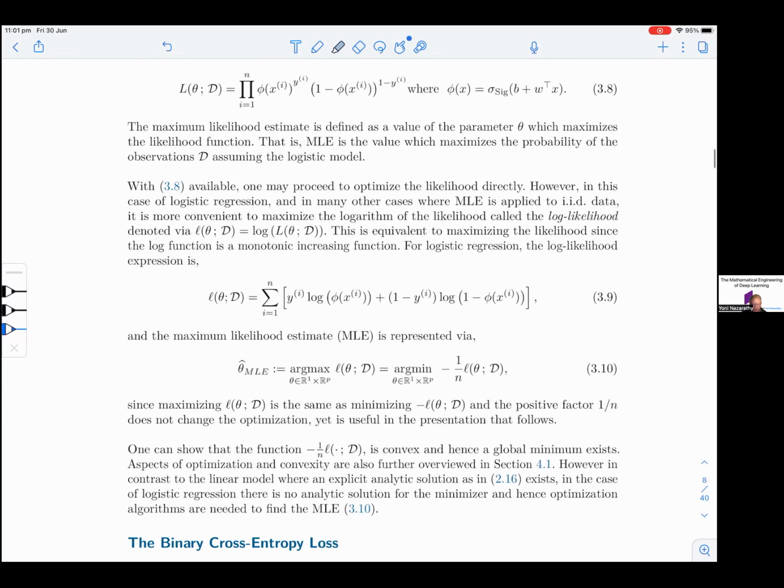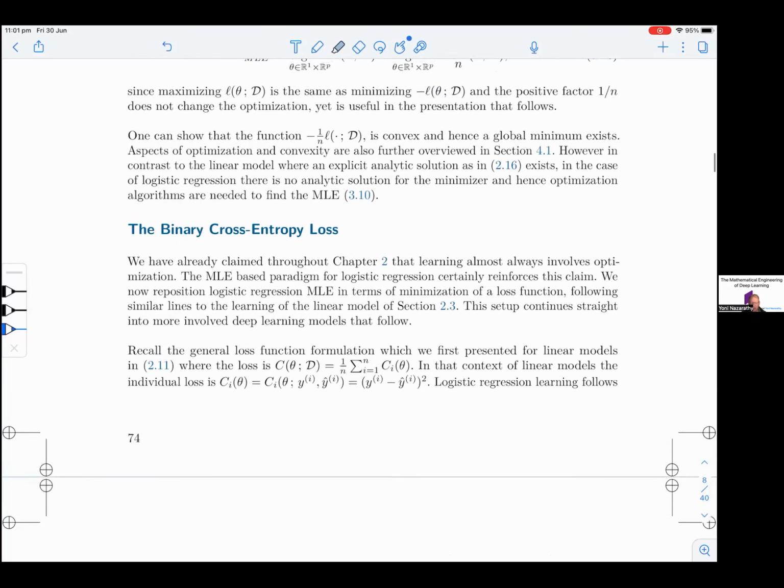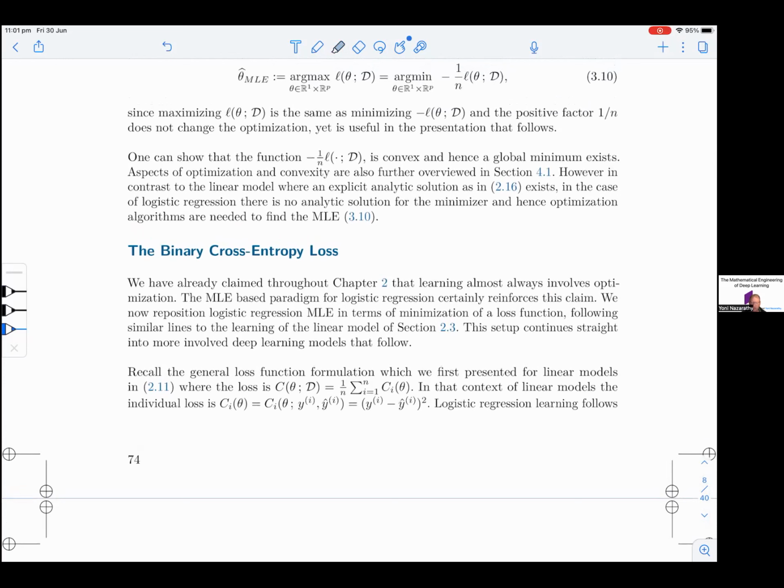Now, this is important. One can show that the function negative 1 on n l of theta, that's the function that we're minimizing, is convex, and hence a global minimum exists. Aspects of optimization and convexity are also further overviewed in section 4.1, that's in chapter 4.